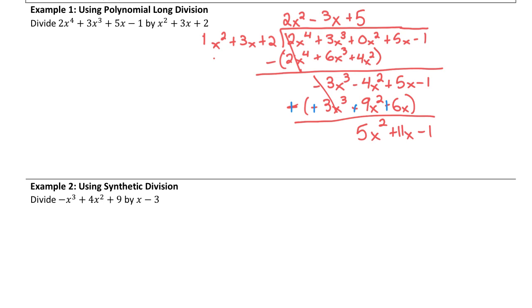So I do my last subtraction here. This is 5x squared. 5 times 3x is 15x. 5 times 2 is 10. And I subtract. So these become 0. I'm left with negative 4x minus 11. That is what we call our remainder.